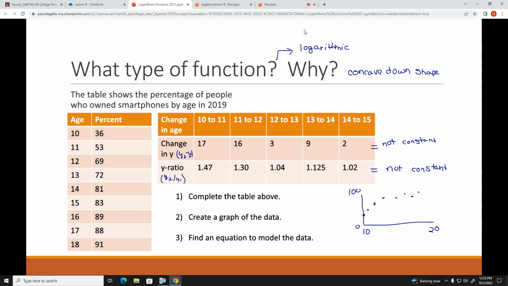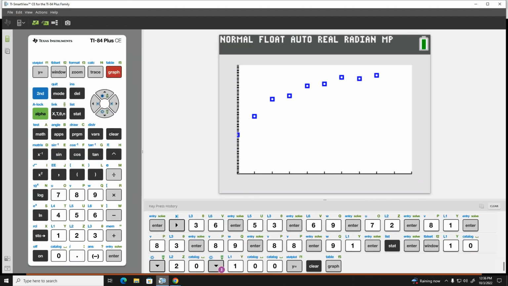Again, because it's data and it wasn't exactly all lined up, this is going to be approximately logarithmic. What I do notice is that it's changing a lot at the beginning, by 17 and 16, and then less as we go on. That would help me understand the concave down shape.